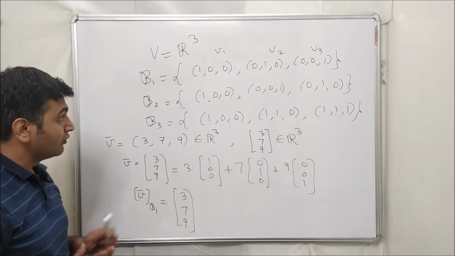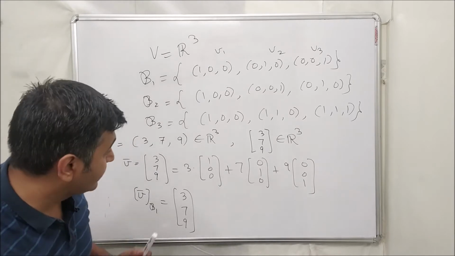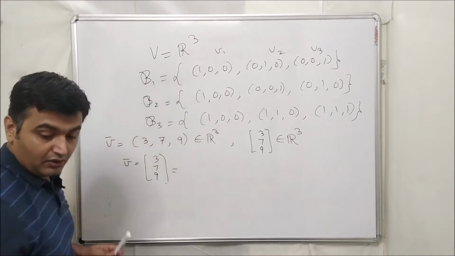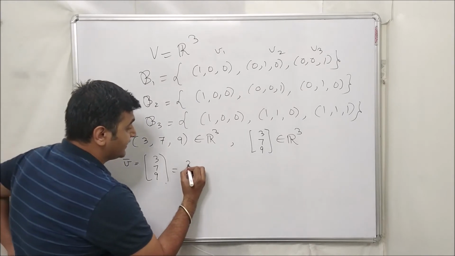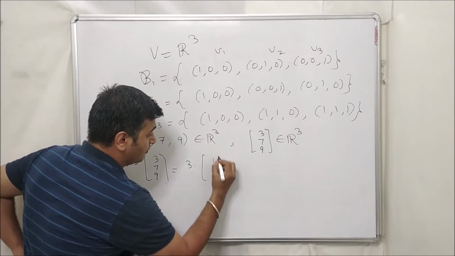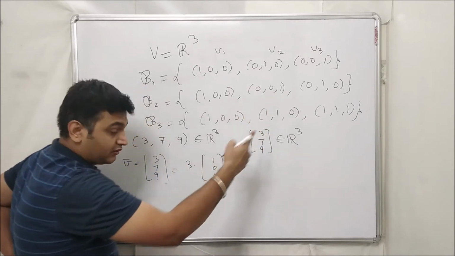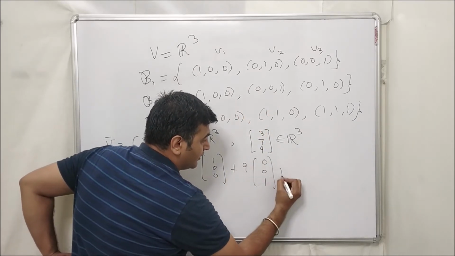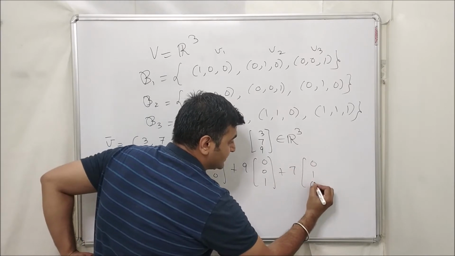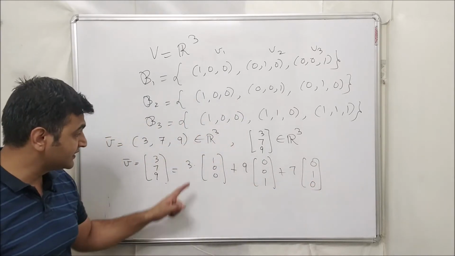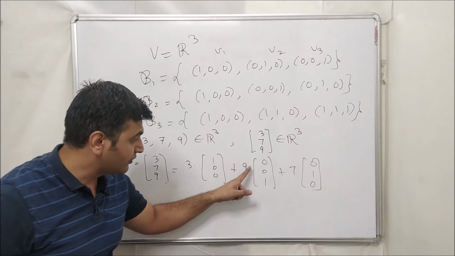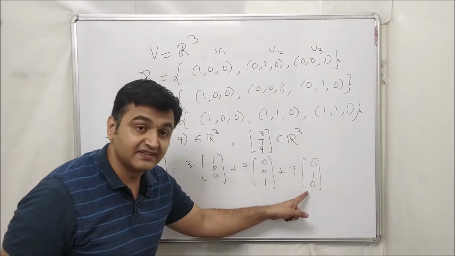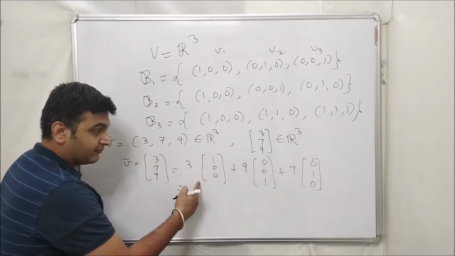Now let's see what the coordinate vector will be if I take the basis as B2. For B2, this is 3 times (1,0,0), now I have (0,0,1), so 9 times (0,0,1), plus 7 times (0,1,0). You take 3 inside to get (3,0,0), 9 inside to get (0,0,9), and 7 inside to get (0,7,0), and the addition is the same thing.